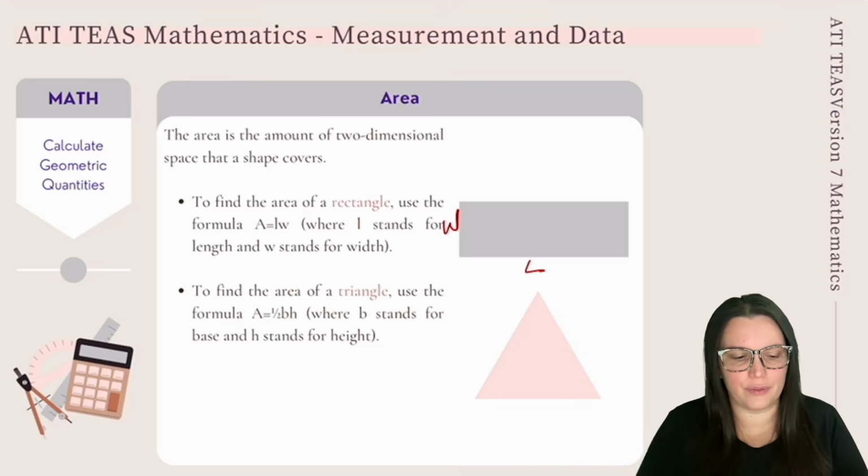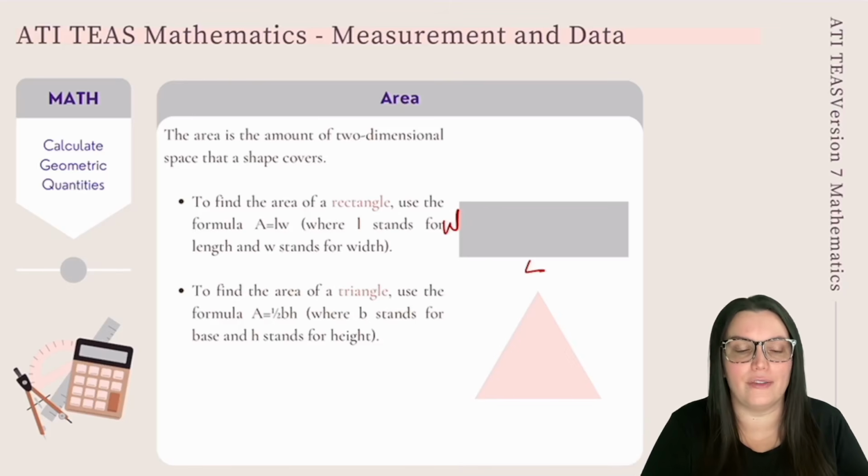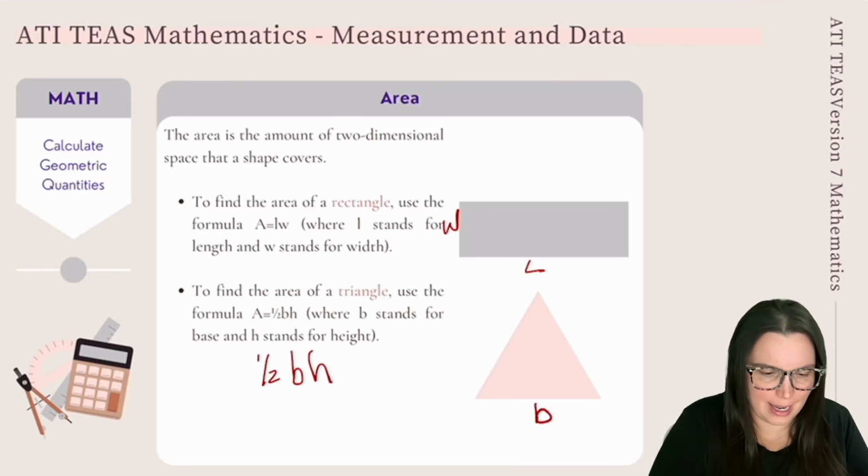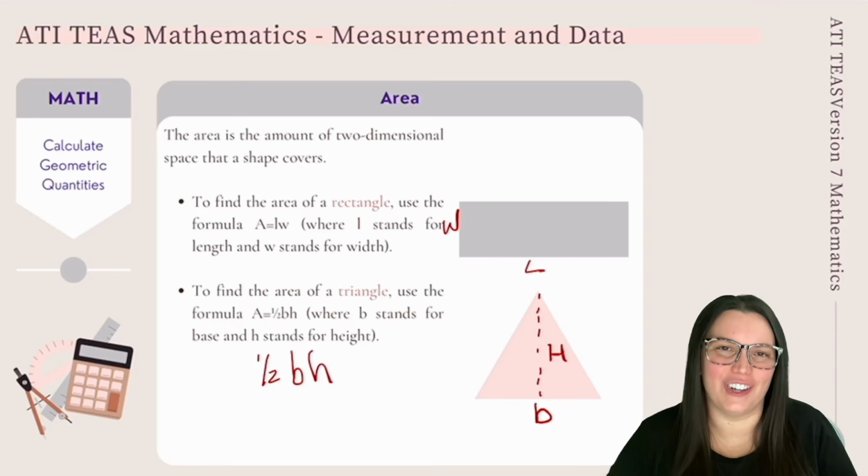In order for us to figure out the area of a triangle, we have 1/2 times BH, where B stands for the length of the base and H stands for the height of the triangle.